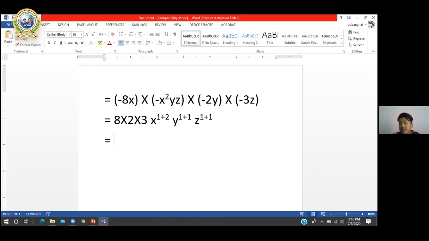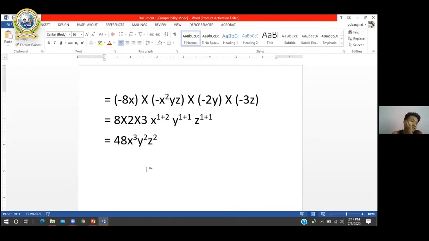So here is 48 x cube y square z square. This would be our final answer. If you have any confusion regarding this, you can unmute yourself and speak. Otherwise, if you haven't done it, just copy it.